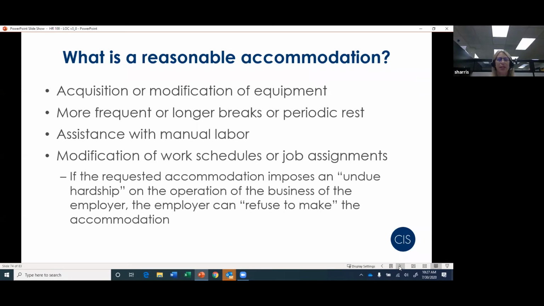So I don't know if it was in the juvenile department or public health, anyway, I don't remember what department, but this employee was charged with driving a county car, and I think they had like Ford Focuses, these small county Ford cars, and they drove those to the site locations. Well, this employee was in her last term of her pregnancy, and she's getting kind of big, and she was having a hard time fitting in the vehicle.